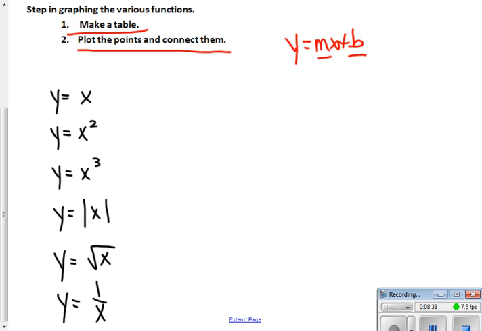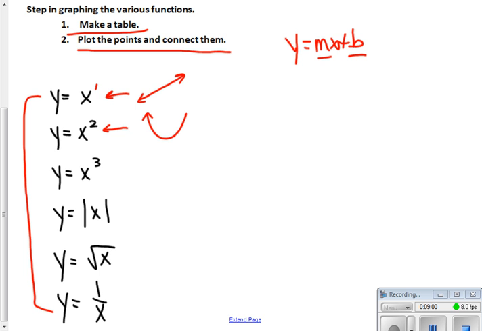So basically, a little thing that you can write down here: these equations that we just discussed are all functions. If you were to graph them, they would all pass the vertical line test. Obviously, this one right here would be x to the first power. This would be a linear function. When x is squared, remember, we get that parabola, that U-shaped graph. Everything here has to do with x. When x is cubed, we get a graph that looks like this.